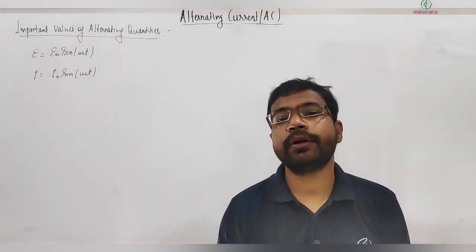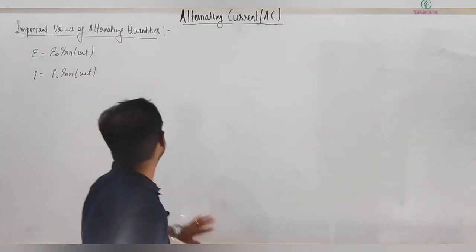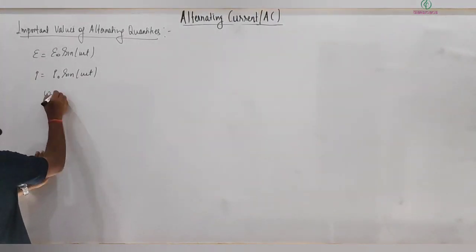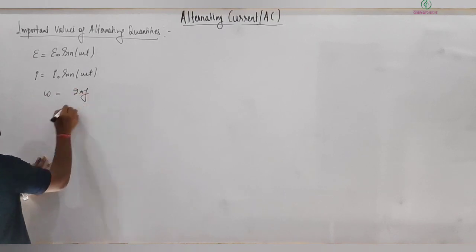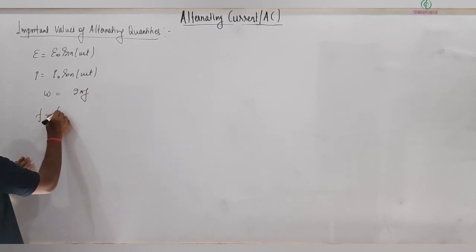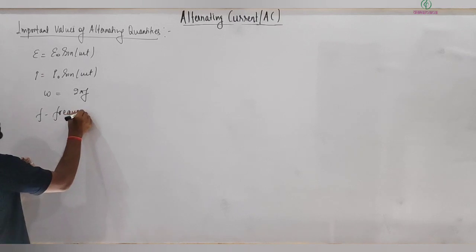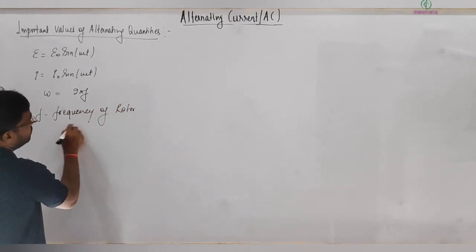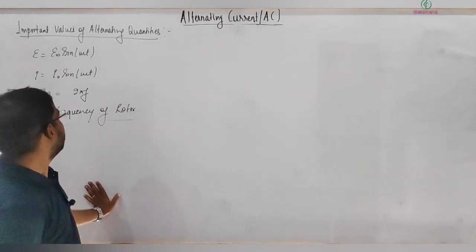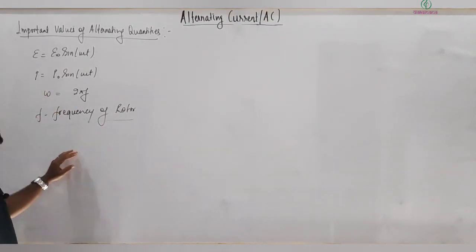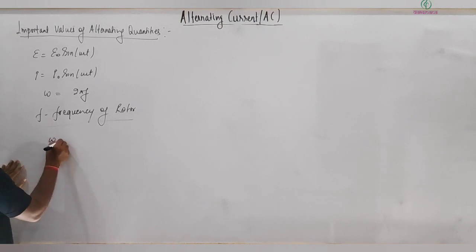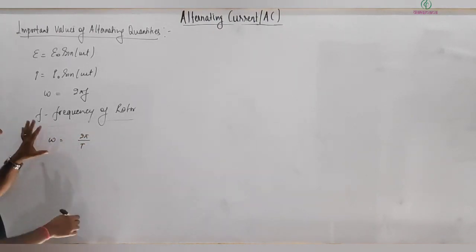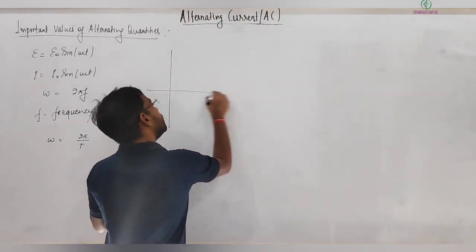They will be positive for half cycle, negative for half cycle, and here omega we write is the angular speed, and this is also equal to 2 pi f, where f is the frequency of the rotor at which it is rotating. And the relation you already know, omega is also 2 pi by T, where T is the time period.